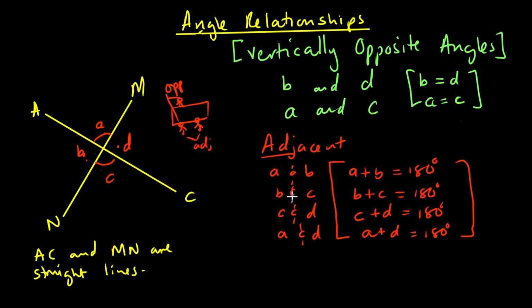Please note that we are talking about adjacent angles on a straight line. So because of that, we know that these angles are supplementary. So let's have a couple of examples so that we see if we've grasped the concept that we are trying to share here.